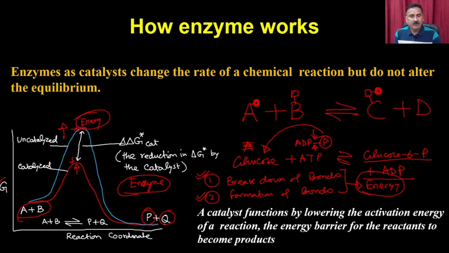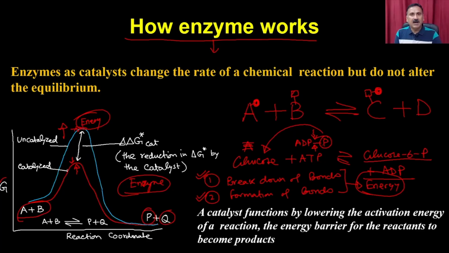This is what the enzyme does. Enzymes are lowering the activation energy. This difference of energy that you see is called the activation energy. So basically enzymes reduce the activation energy, and once they do, A and B are spontaneously converted to P and Q, because the enzyme itself provides a suitable environment.